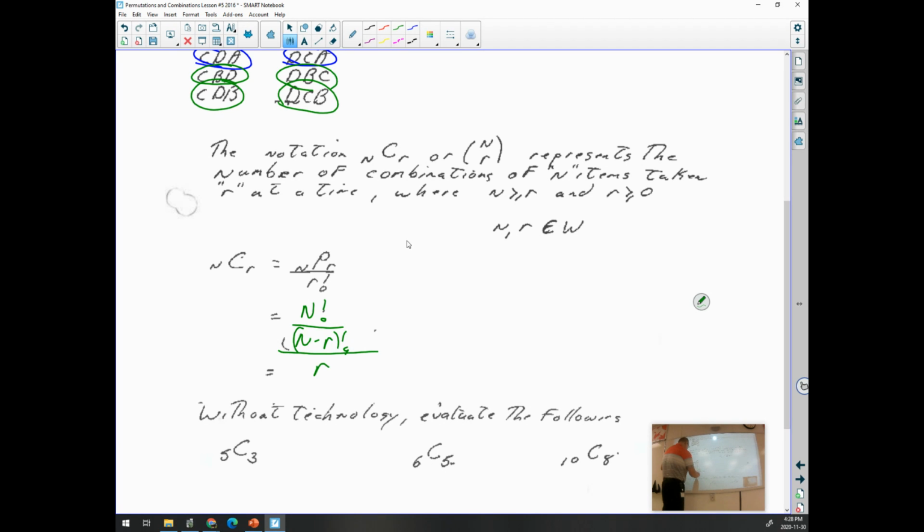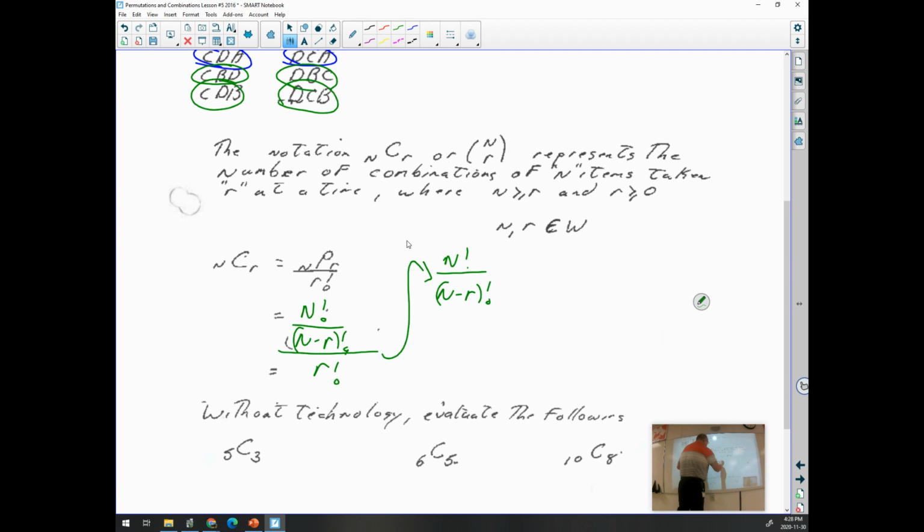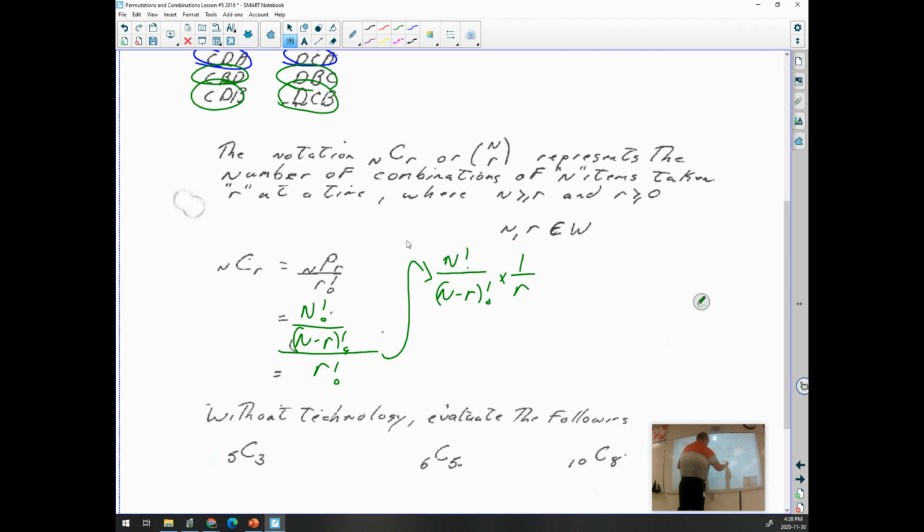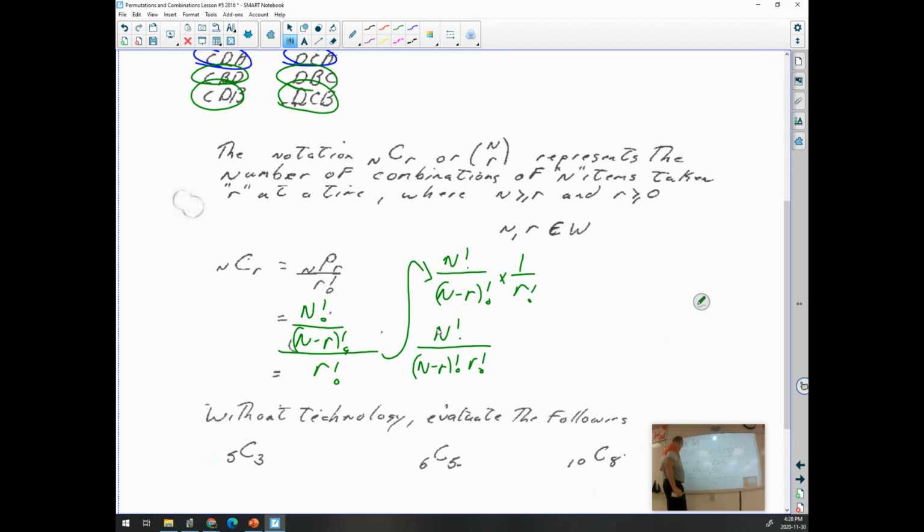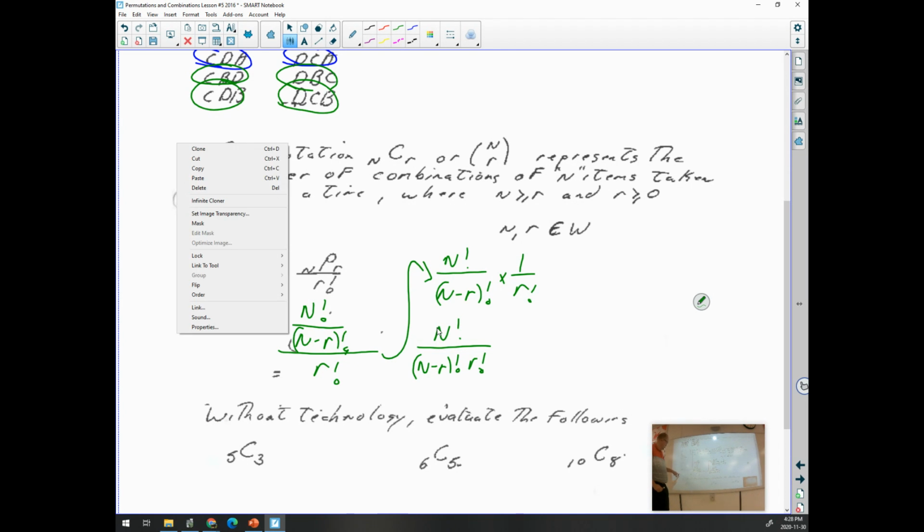We're going to divide that by r factorial, and we're dividing a fraction by a fraction. So n factorial over n minus r factorial, times 1 over r factorial. So that is the formula for our combinations.